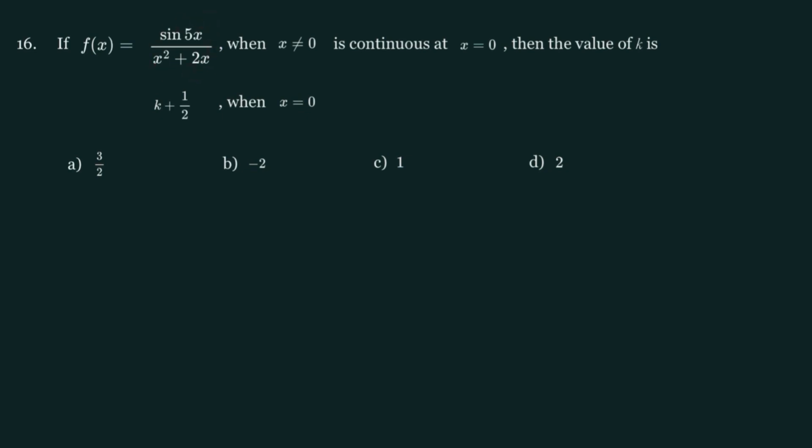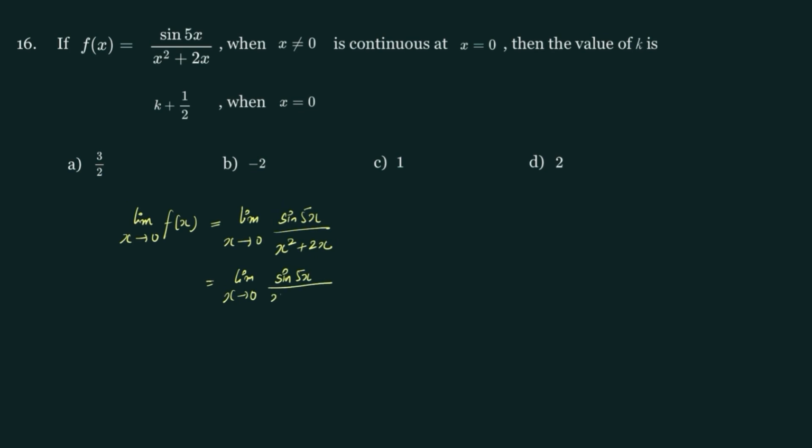Your limiting value will be limit x tends to 0, f of x will be equal to limit x tends to 0 sine of 5x by x square plus 2x. Here when x is approaching 0, the function is this. So in order to solve this limit, let us take out x common from the denominator.